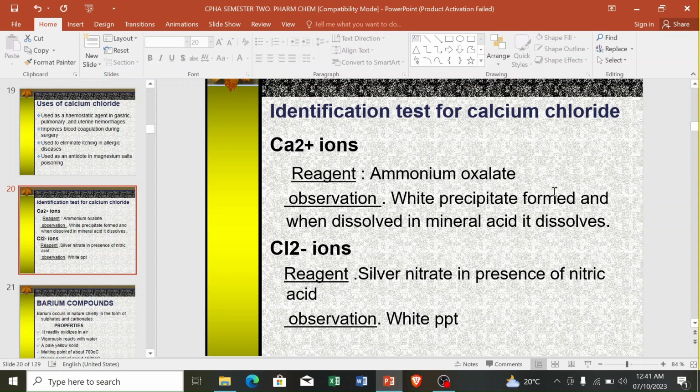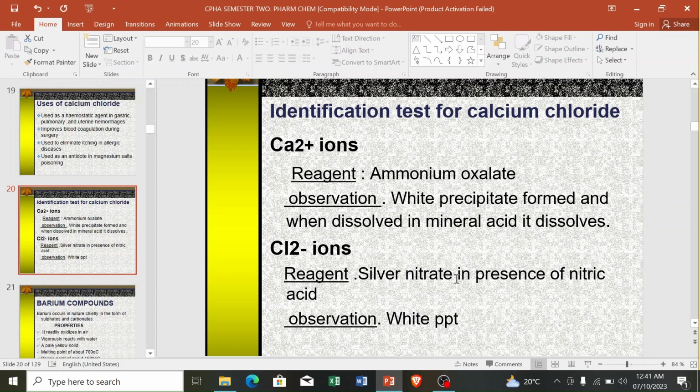And then for chloride ions, we need silver nitrate in the presence of nitric acid. Our observation is a white precipitate. We have looked at silver nitrate right from group 7 elements, because in group 7 we also identify this ion.